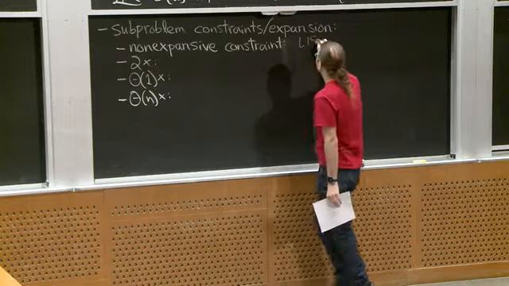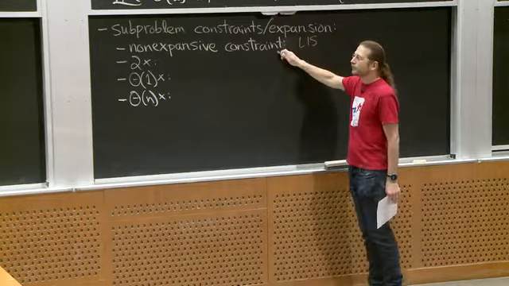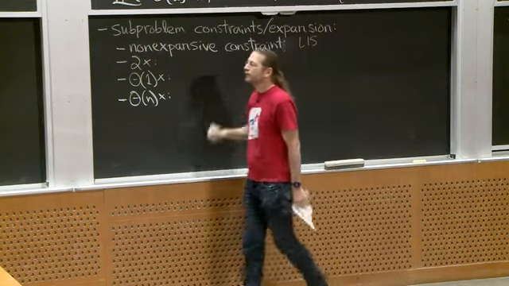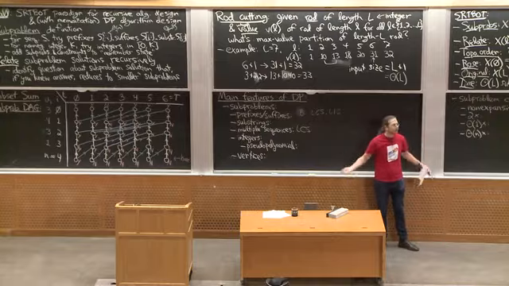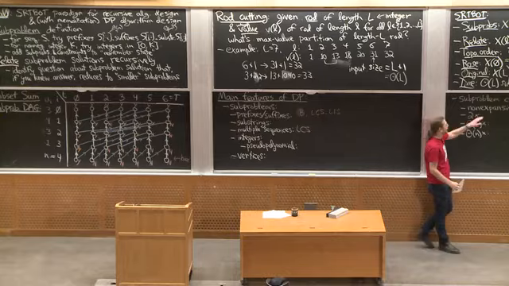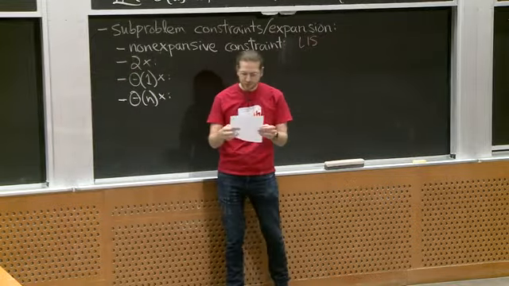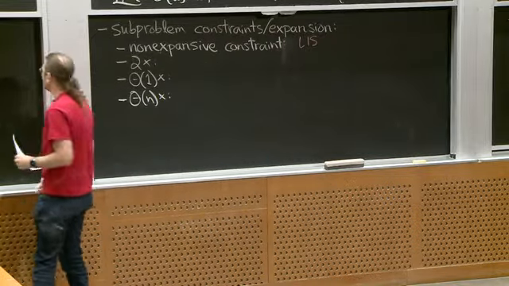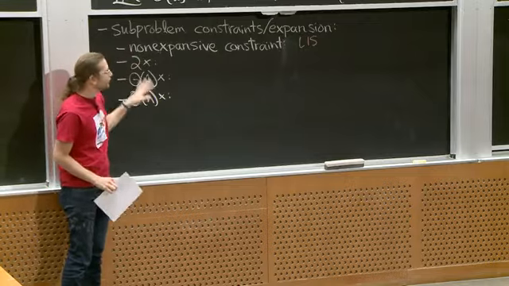And LIS is an example of what we call a non-expansive constraint, where we just added a constraint to the problem, which was, I want this first item to be in my longest increasing subsequence. But that didn't actually change the number of subproblems. So it didn't expand the number of subproblems. This is, I think, the only example we saw with this feature. Most of the other times when we added a constraint, we also increased the number of subproblems, which we'll get to.